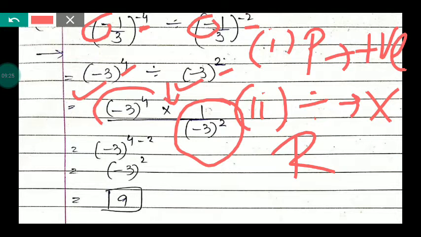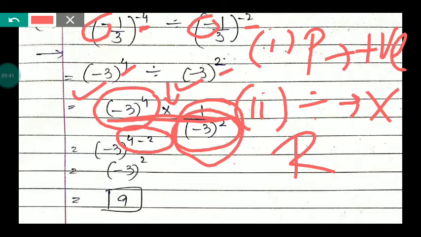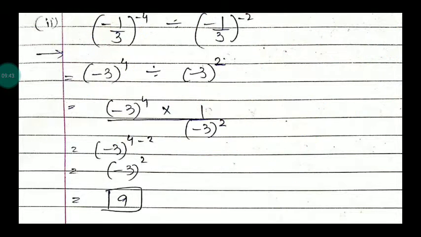Now minus 3 raised to 4 and minus 3 raised to 2 both have the same base, so we can subtract the powers as it is in division form. So 4 minus 2 is 2. So minus 3 into minus 3, it is minus minus plus 9.